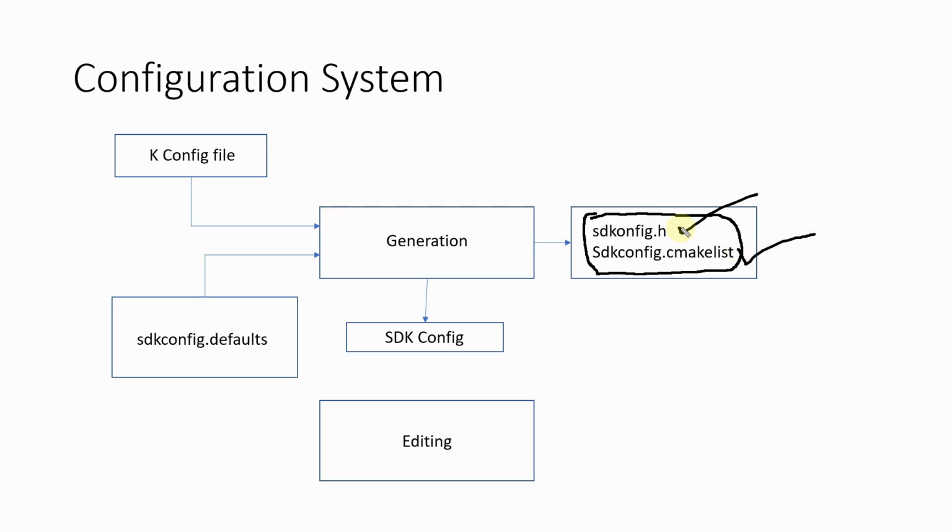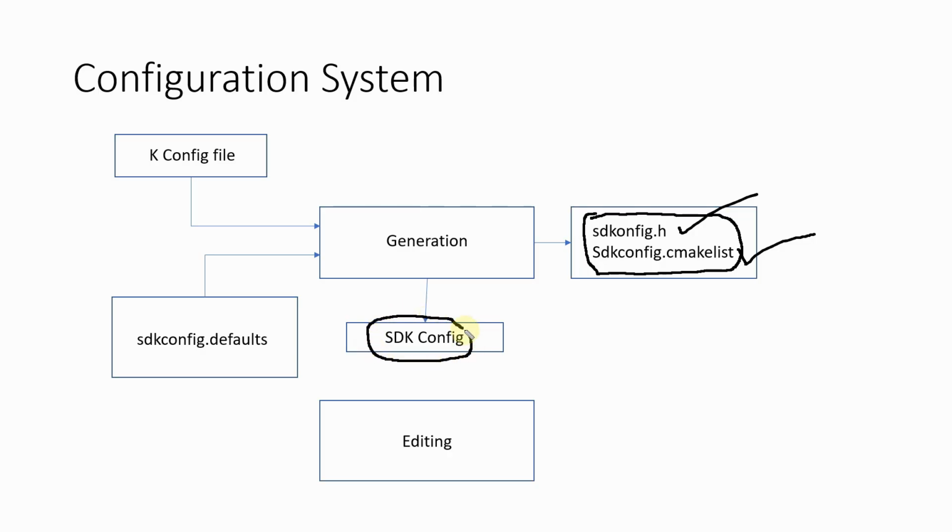So in a C source file, you can use this sdkconfig.h created, and in the CMake file, you can use this particular generated sdkconfig.cmake file.